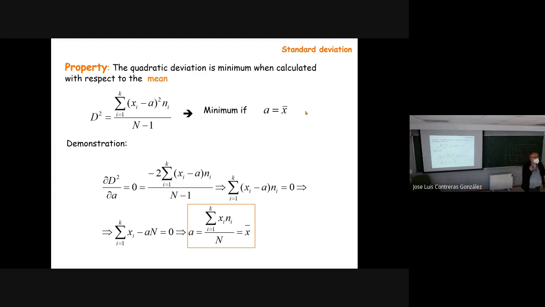So you are getting an estimation which is somehow biased towards smaller values. More or less, the intuitive idea is clear. Yes? Because the mean is smaller than most of the values. Not the mean, but the result of the variance or the standard deviation, when you compute the mean of the squares with respect to the mean.